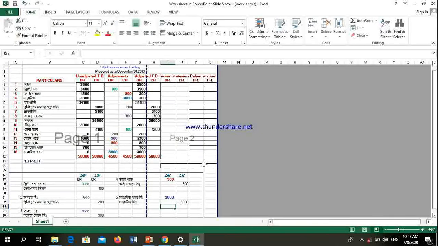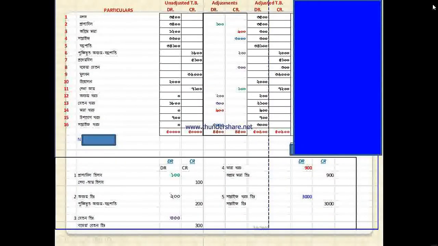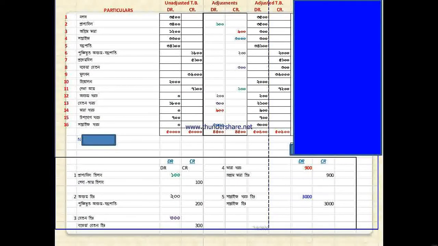All expenses and losses will be debit. All revenue and gain will be credit. And from here, only two items will be considered in this case. So we know very well we have to symbolize these items.